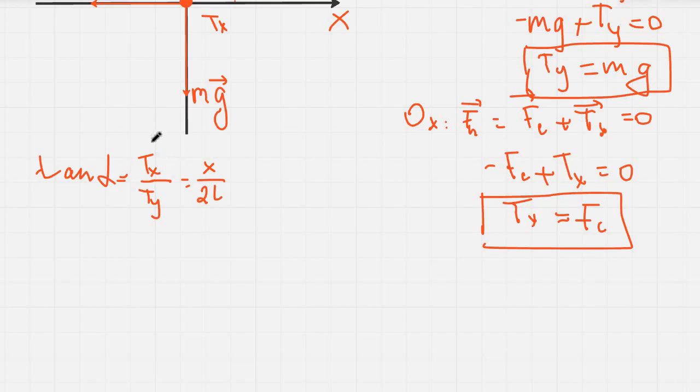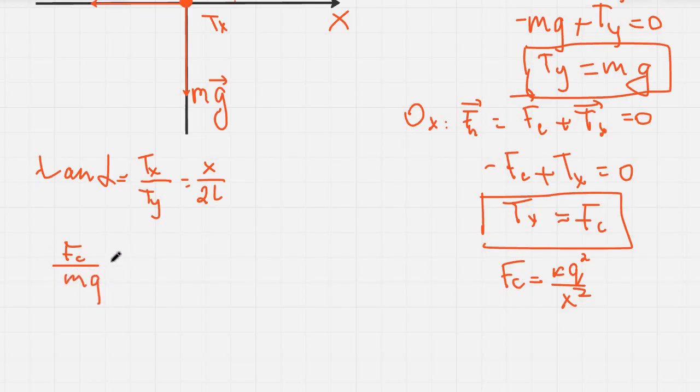We know that the tension force on the x-axis equals the electrical force, and the electrical force equals k q squared over x squared. The tension force on the y-axis equals mg.